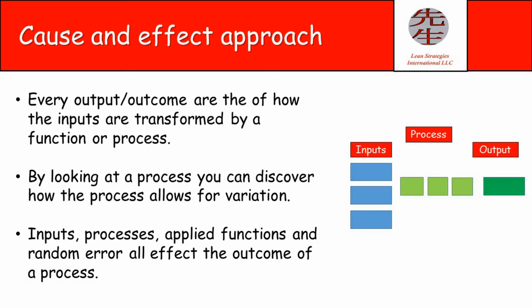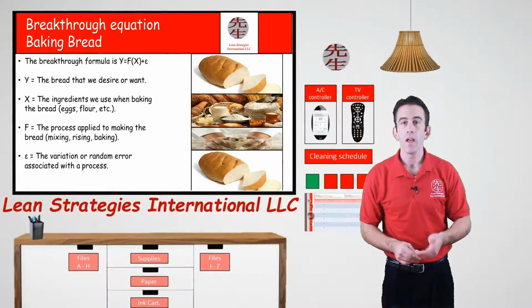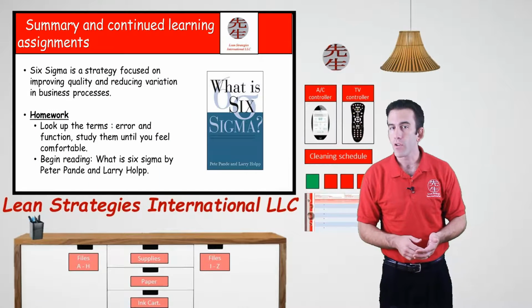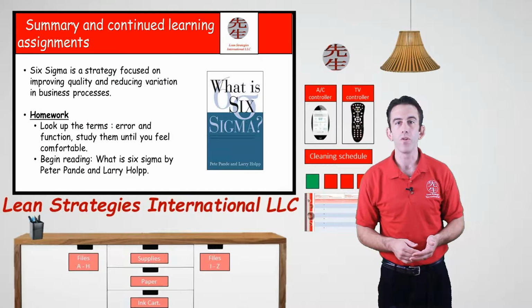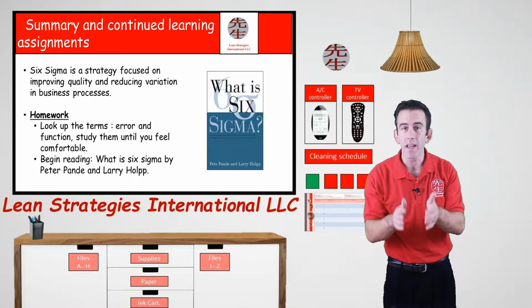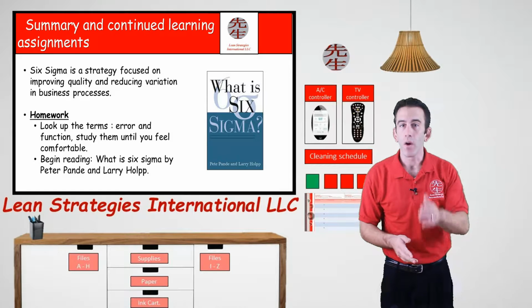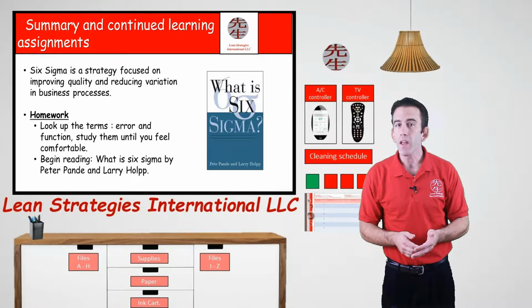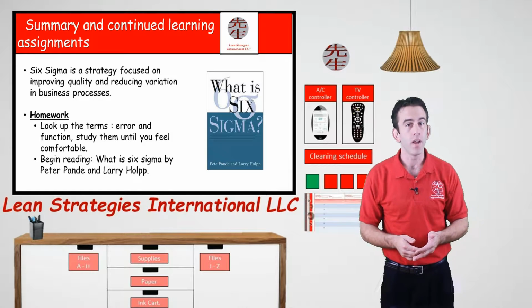This cause and effect philosophy shows us that if we can analyze a process's variation based on the inputs, it will certainly have a profound effect on our outcome or progress towards a defined goal or objective. Essentially, when we hear the strategy Six Sigma, we are focused on reducing defects and process variation through measurement and data-driven decisions.